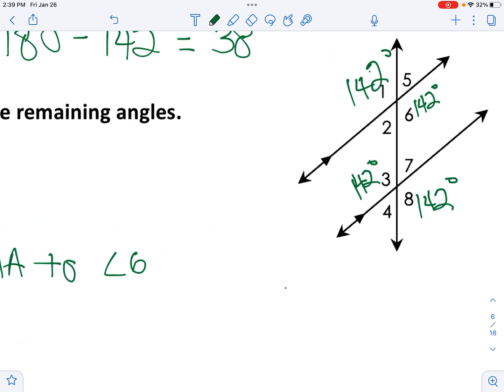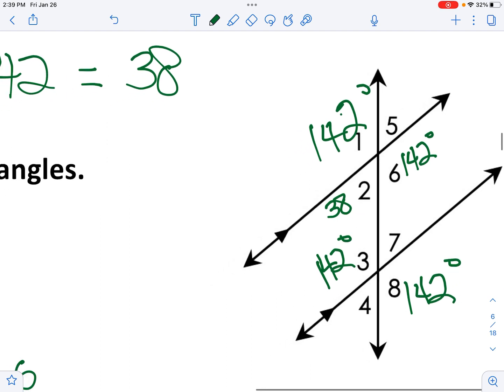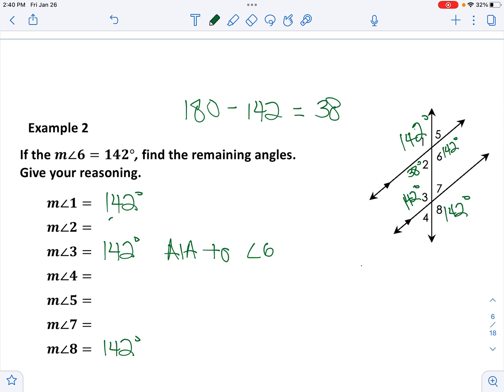So that means angle 2 is 38 degrees, because they're same side interior angles to angle 3. And then I can figure that 5, or I could do 7, however you want to get there. So angle 7 would be 38 degrees as well because they are alternate interior angles.